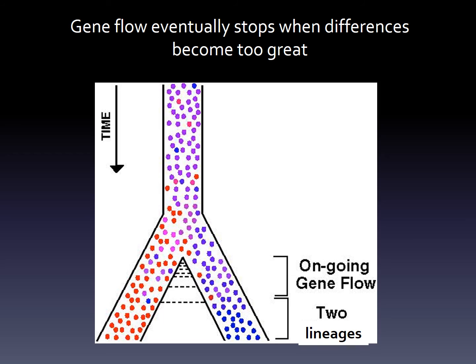And so what we see is in these two diverging channels towards the bottom of this image, the dots start to specialize. There's more orange dots on the channel to the left and more bluish, purplish dots to the channel to the right. And while there may be overlapping gene flow at first, over many generations, they become so distinct in their behaviors and in the way they look that they no longer recognize each other as suitable mates.